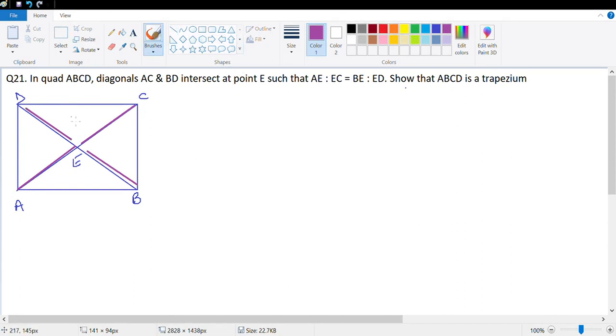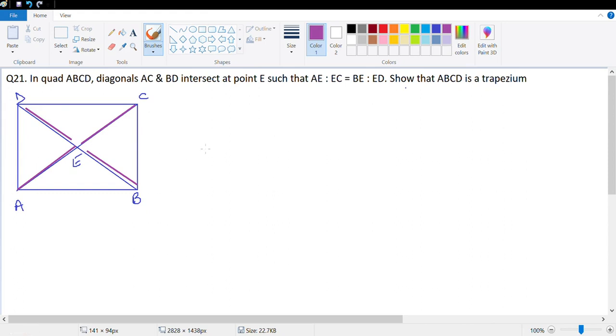So again, I think we've already identified the two triangles that we are looking at, AEB and DEC. If we can prove these two similar, then we should be able to get that the angles are equal, which means we should be able to prove that these lines are parallel.